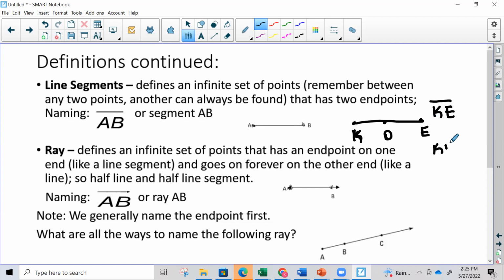If I say KD, then I'm only looking at this part of the segment. And if I say DE, it would just be that part of the segment. So for a segment, there's not a ton of different ways to name it. You could either do KE or EK. So there's pretty much 2 different ways to name a segment, but you have to name it with the point that you're starting with, and then the point that you're ending with.